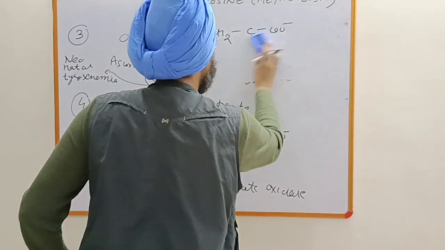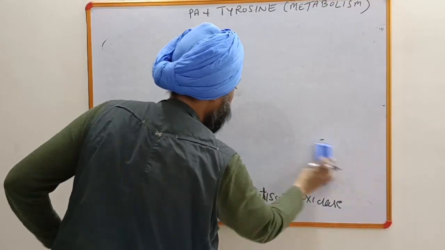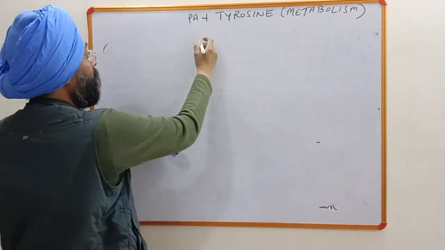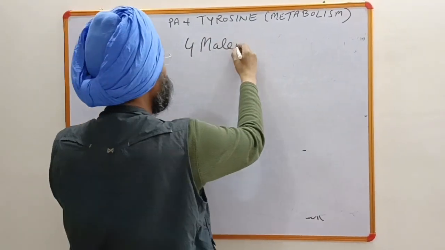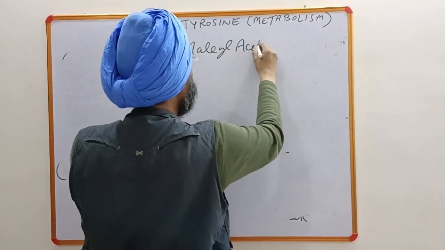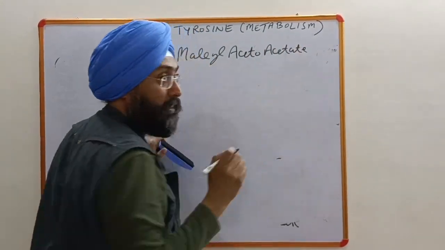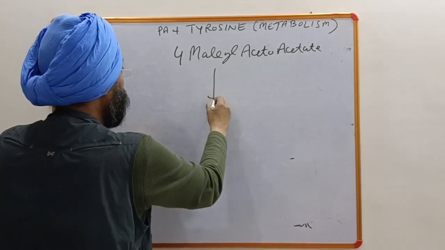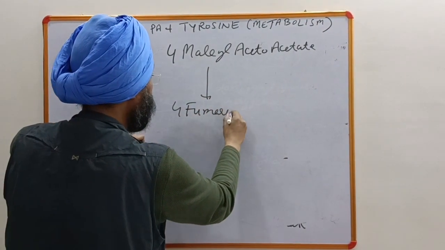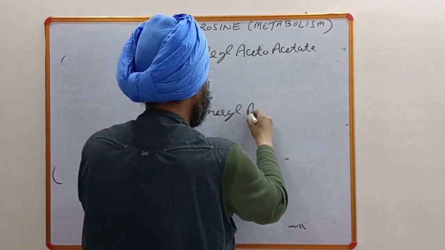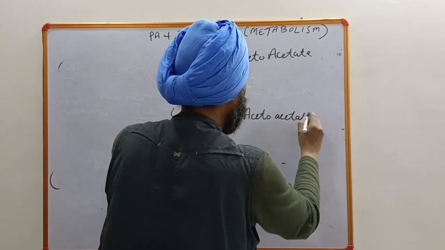Now we'll further convert into the next steps. So we have now 4-maleylacetoacetate, right? It is converted to 4-fumarylacetoacetate, right?